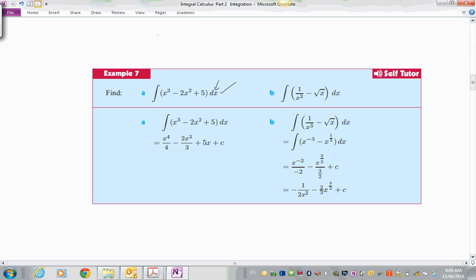So what about something like this? X cubed take 2x squared plus 5t plus 6. Now, can you see our problem? What variable are we talking about? This one or this one, x or t? So if I did this and put with respect to x, this would be deemed to be a constant.